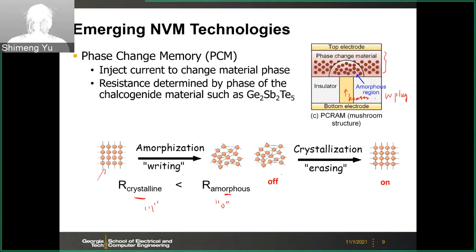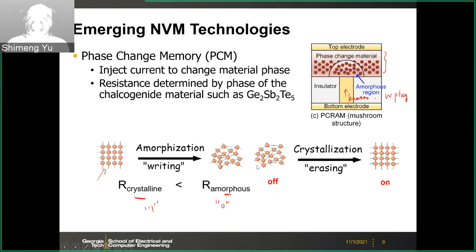That is the crystallization process. The atoms find the regular pattern to recover the crystalline state. So this is how you change between the amorphous state and the crystalline state.